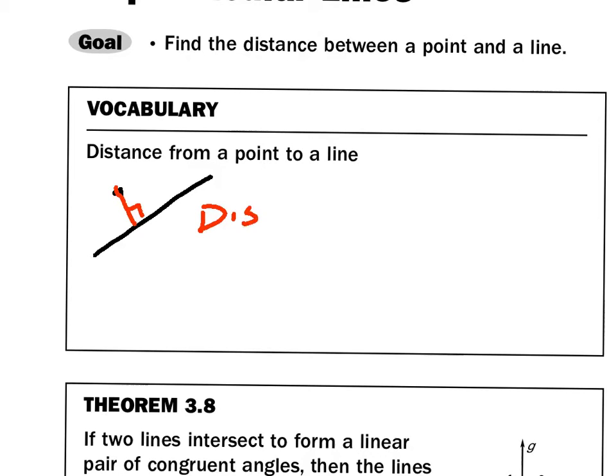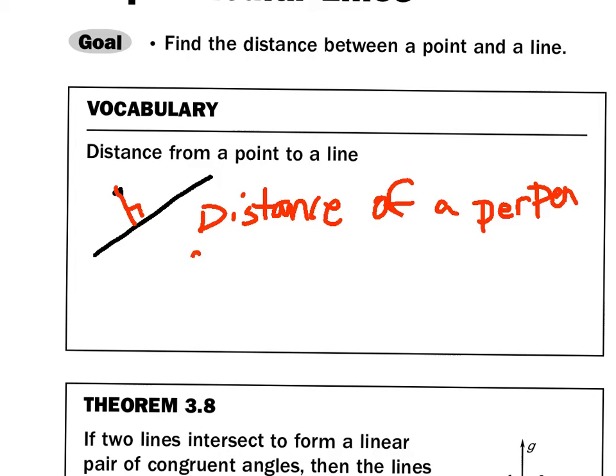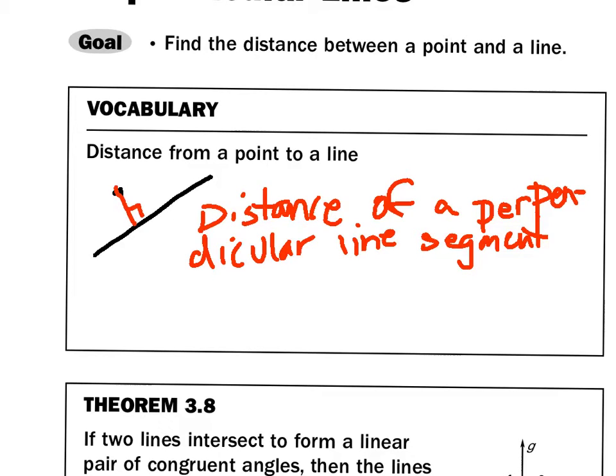So, distance of a perpendicular line segment from a point to a line.